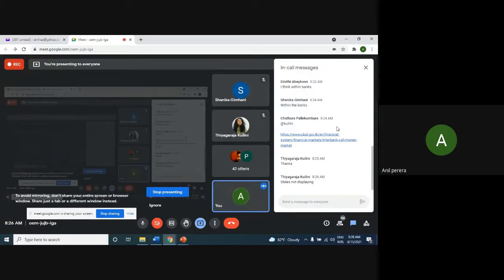I taught you the statutory reserve requirement, if you remember. I'm not displaying slides yet, I'll come back with the slides. Under that statutory requirement, banks should keep some amount of money with the central bank.